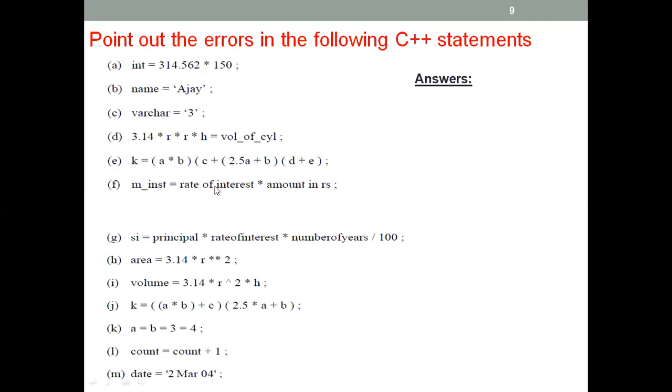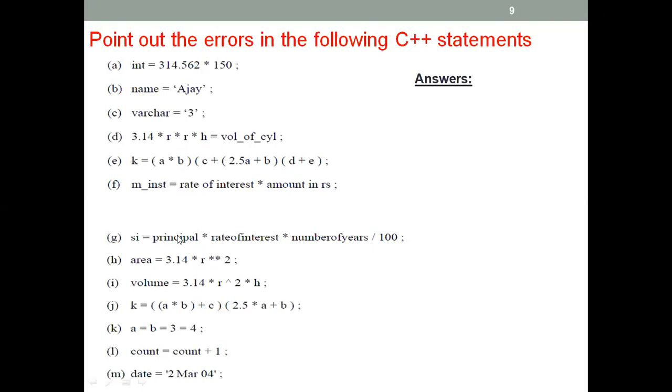If you don't want to put the space, you write continuously, no problem: rate of interest like this. If you don't want the space, you must put an underscore, otherwise you write together without the space. You can write together or put an underscore if you don't want to write together. So that's the problem here.